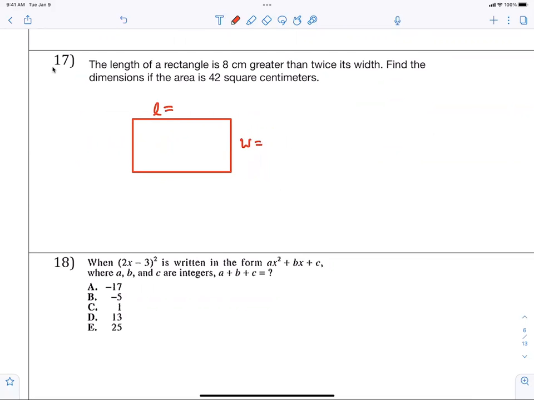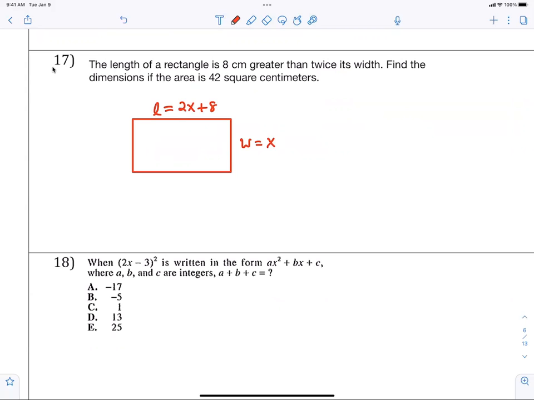The length is being compared to what? The width. So that means the width must be x. The width is x. So the length is, how do I do 8 centimeters greater? Plus 8, and then twice the width would give me 2x.